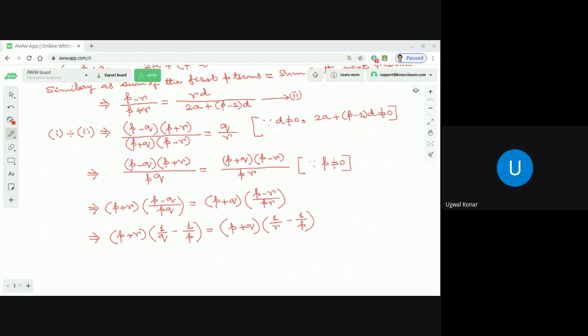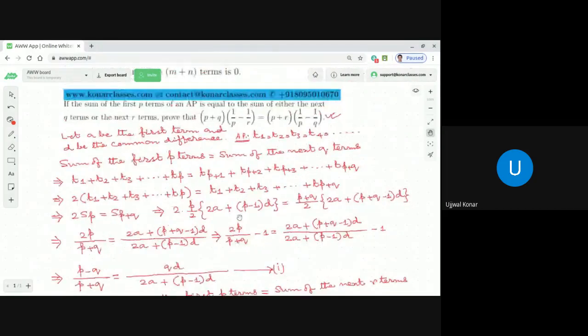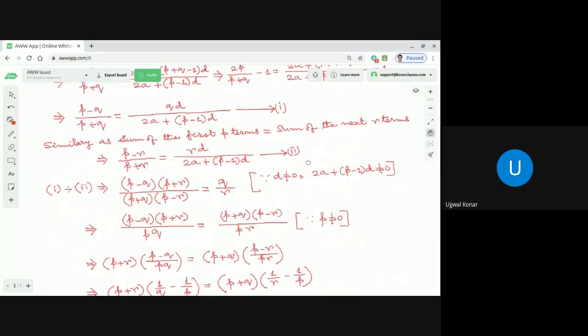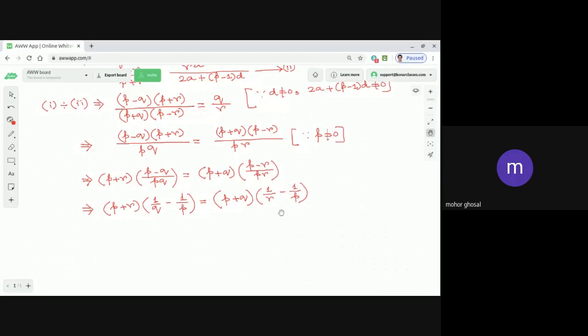Now you can do a little bit of simplification to get exactly what has been asked for. What has been asked for is (P plus Q) into (1 by P minus 1 by R), and that is equal to (P plus R) into (1 by P minus 1 by Q). So you need to interchange the left and right hand sides and multiply both sides by minus 1.